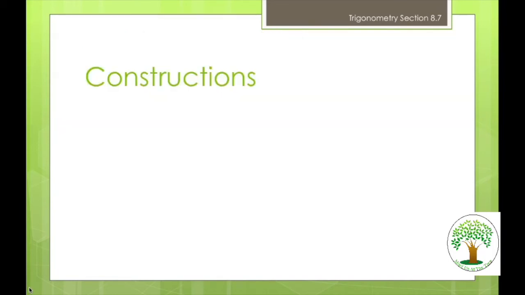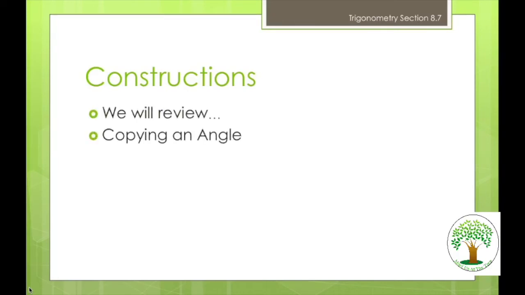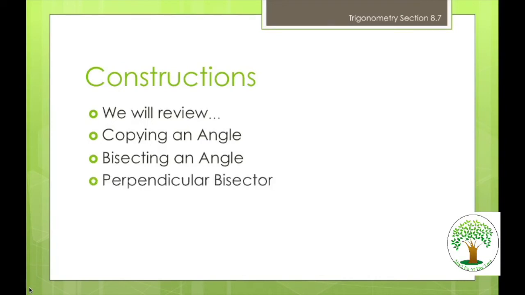All right, we're going to work on some constructions now. We haven't done constructions for a while. On your homework, we're going to be reviewing copying angles, bisecting angles, and perpendicular bisector.